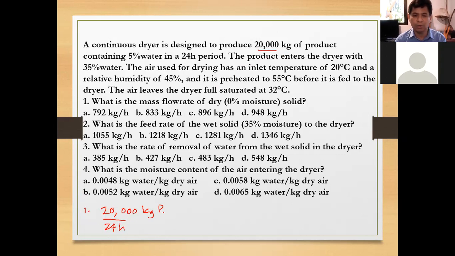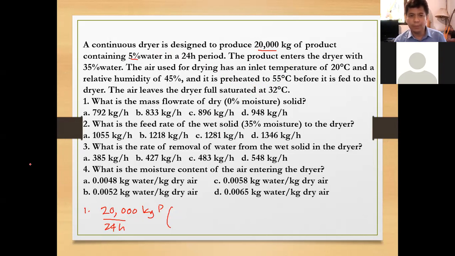So how do you get the bone dry solid? I-multiply nyo lamang ito ng conversion factor. So you need the moisture content. Ang moisture content natin is 5%. Di ba ang default nito ng moisture content is wet basis.